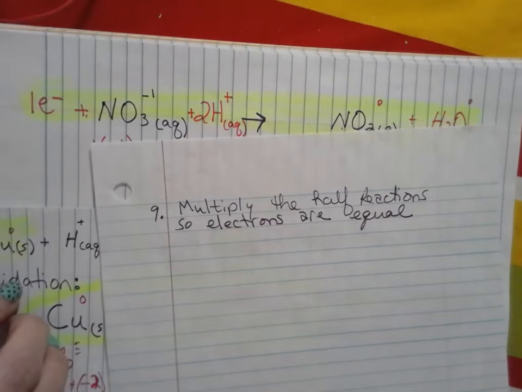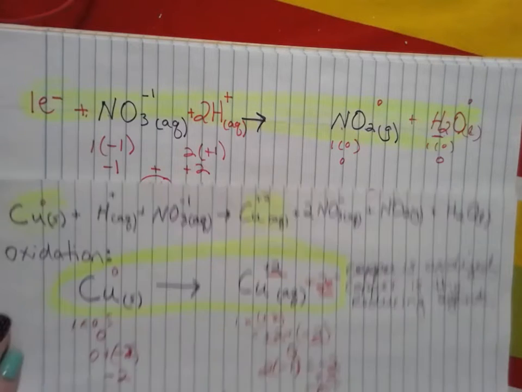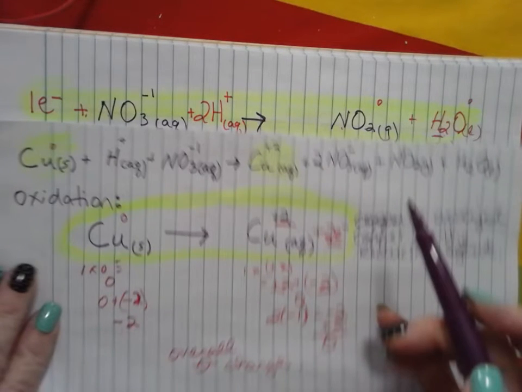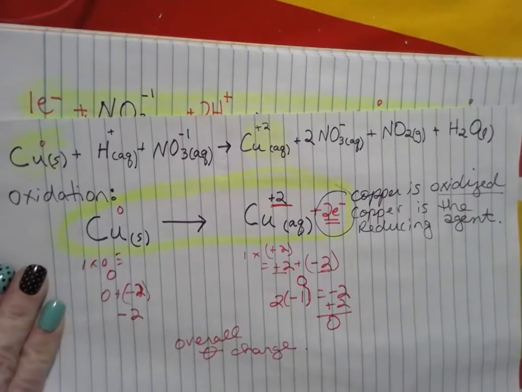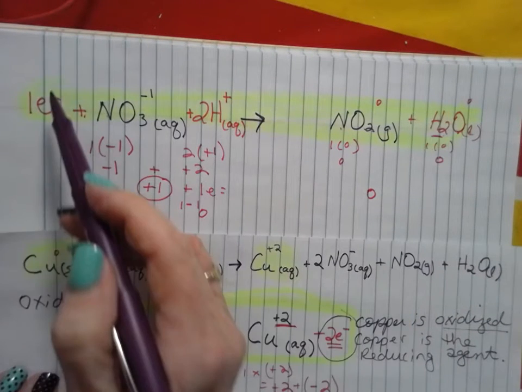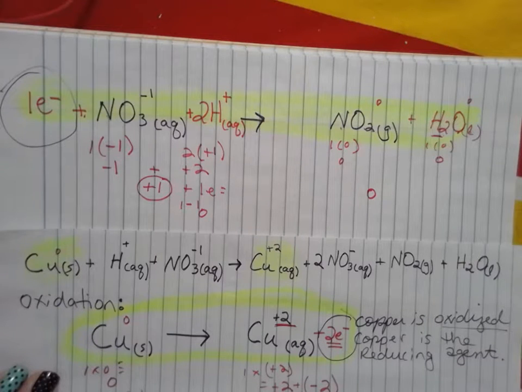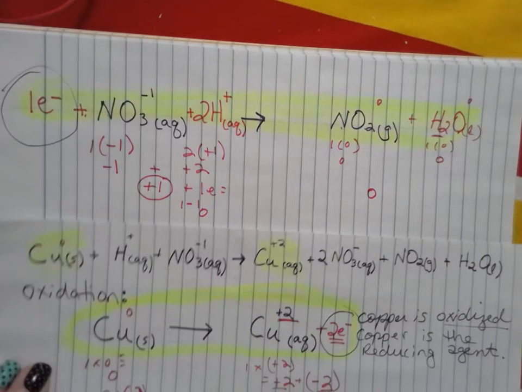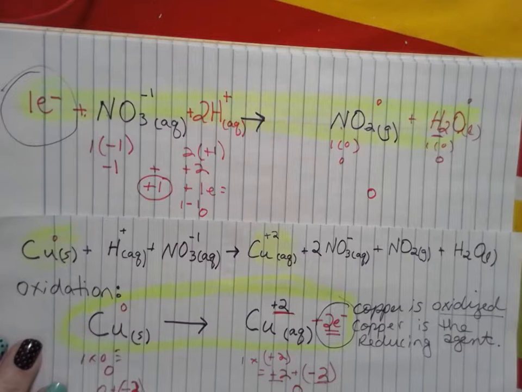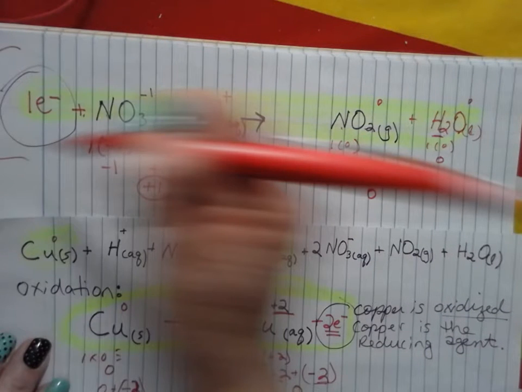Alright. So notice that in this half reaction, I've got 2 electrons, whereas in this half reaction, I've got 1 electron. So I'm going to multiply this whole thing right here by what number? 2.